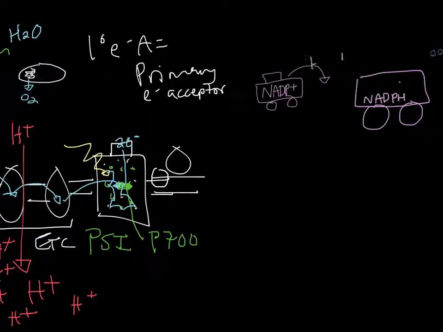So it picks up a hydrogen ion, but the most important thing is that it picks up 2 electrons. That's when the cab is now full. Then it's going to go deliver the electrons to another part of photosynthesis, and it's going to come back empty when it's lost its 2 electrons and its hydrogen, back to NADP+.